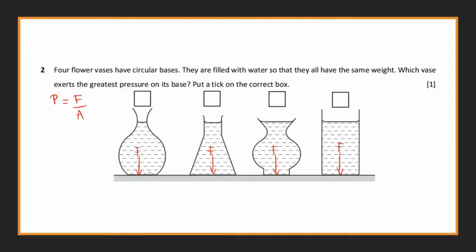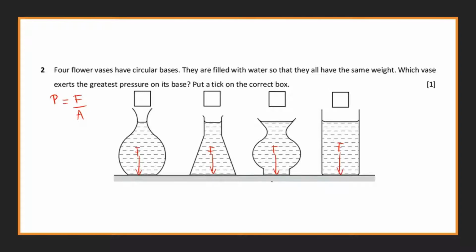From the figure, we can see that this vase has the smallest surface area on the base. You cannot do any measurement, but from your eyesight, you can see that this one has the smallest surface area on the base.